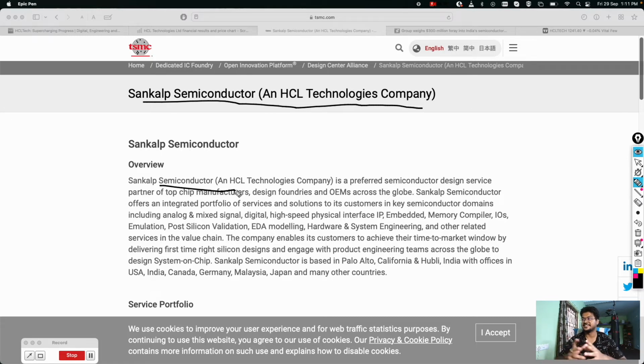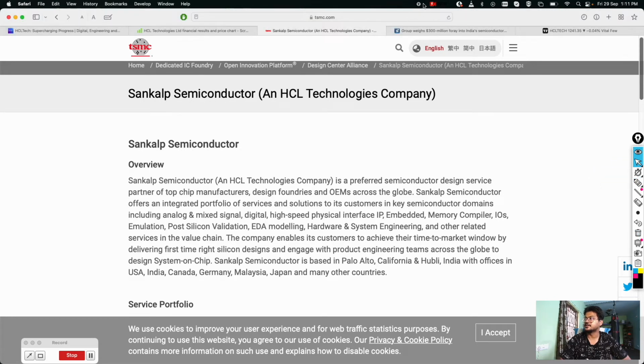That's why HCL Technology is involved in it. And Sankalp Semiconductor, you can note down the name and do your own research. And you can mention any important point in the comment section if you find something about this company. So that was about Sankalp Semiconductor.